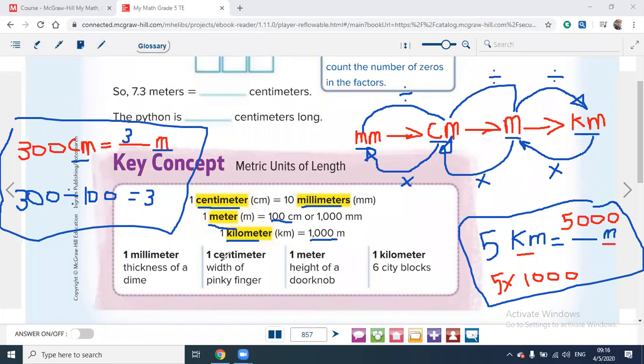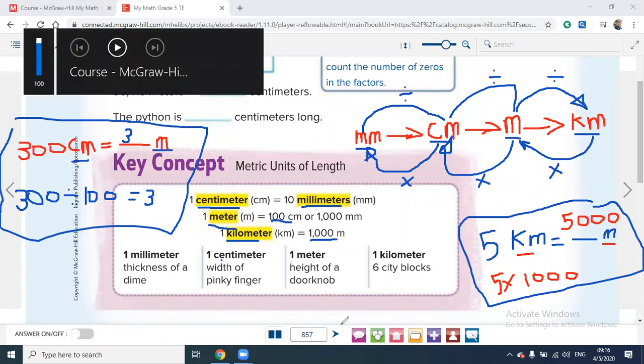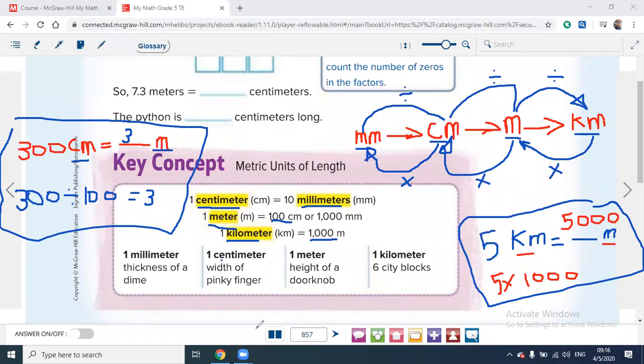What? You cannot hear me? Your sound is lagging. No, it's too high, 100%. Check your device, please. The other students, are you hearing me? Yeah. Okay. I hear you. Okay, thanks. Okay, so now we understand this. Teacher, can you explain kilometers again?